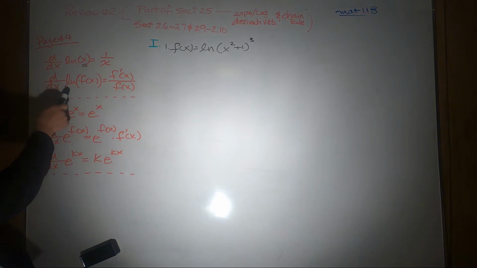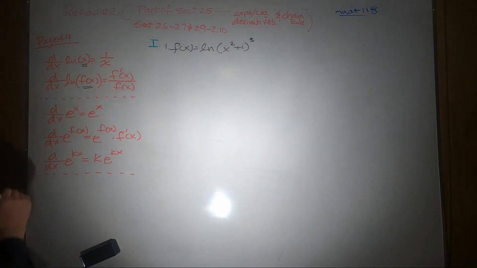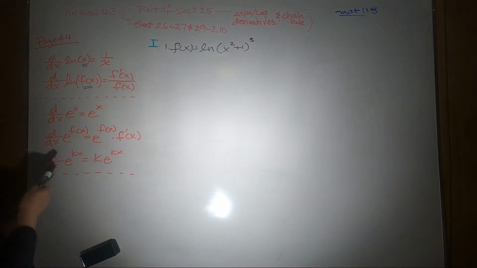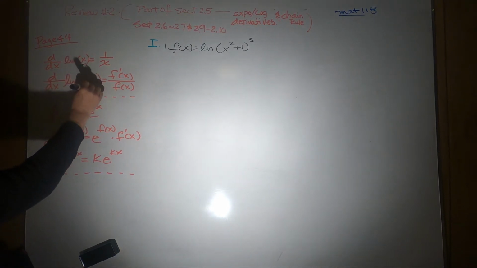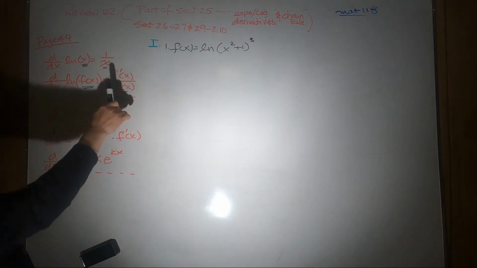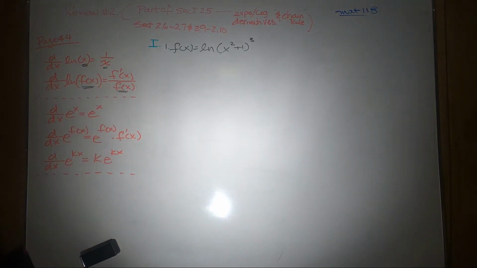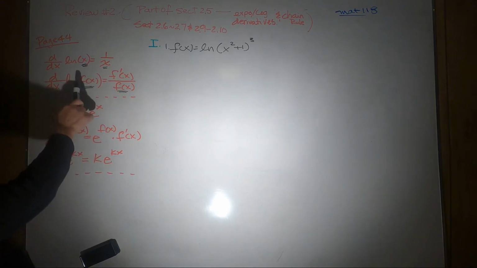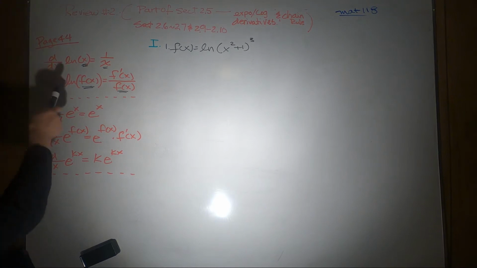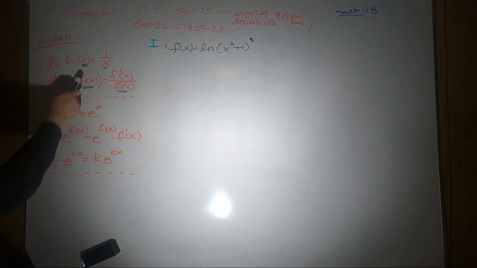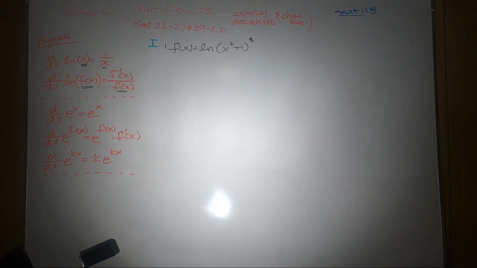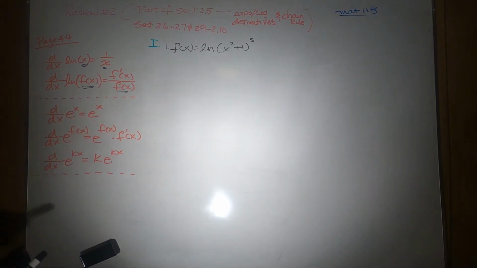But if your natural log inside is not simple x, then you have to do the chain rule. So f of x is in terms of x place, so you get 1 over f of x, but we do the chain rule on it as well, then take the derivative of whatever is inside, that would be f prime of x, right? That's for the natural log.